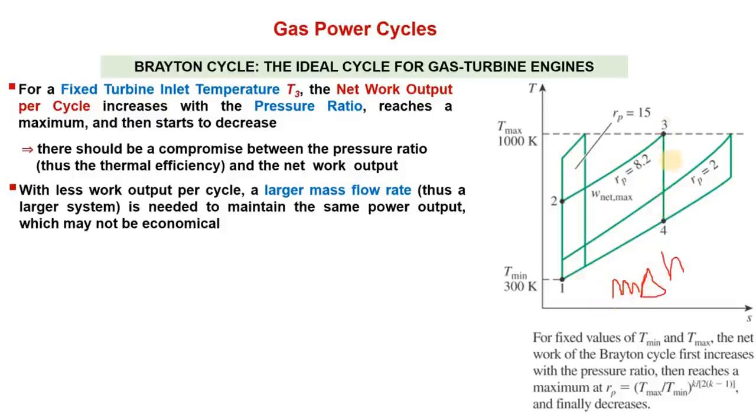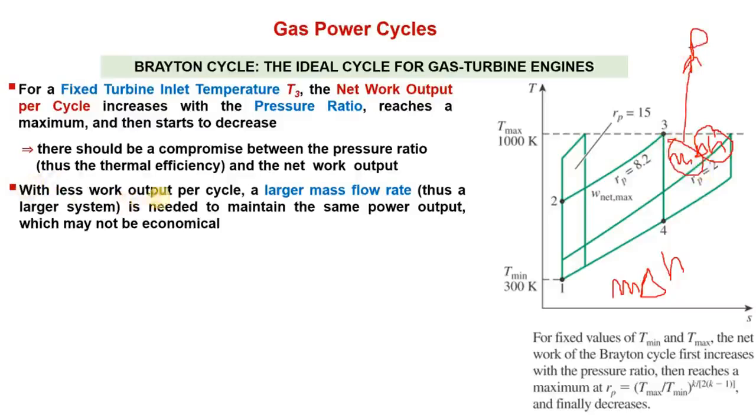Work output during this process is also given by m dot into delta H. From this diagram we can only find out what delta H is. If this delta H is very small, then you have to increase m dot to get your required overall power.